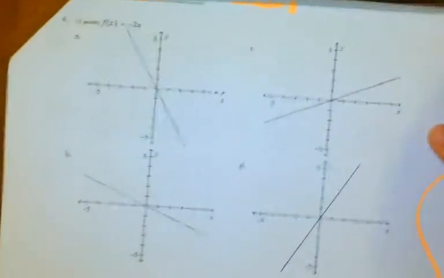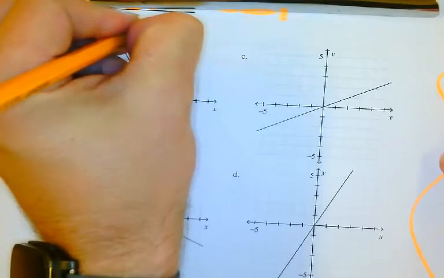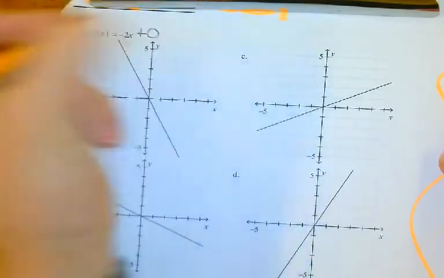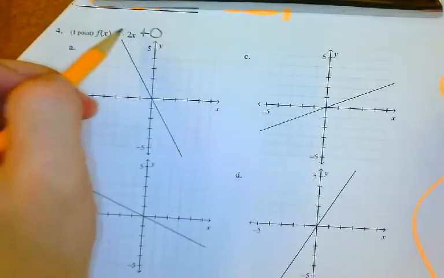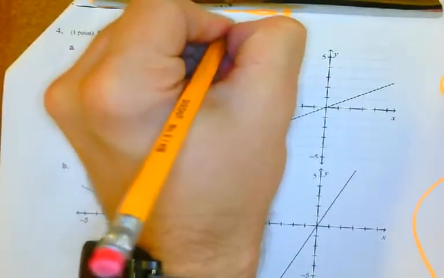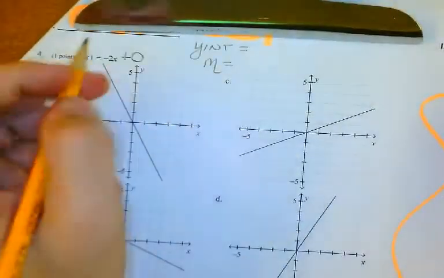And on number 4, again, a very similar problem to what we just looked at. The difference here is that we do not have a lonely number, a constant out here by its side. So I'm going to write mine in so that I have my y-intercept and my slope easily identified.